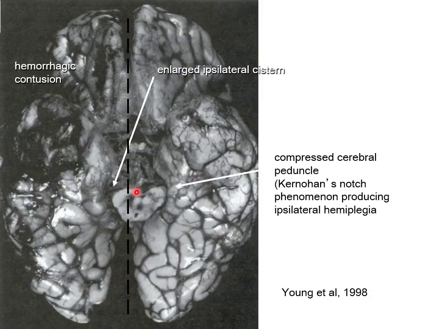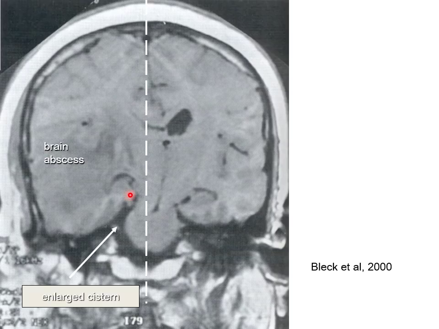And of course, the third nerve is coming out right between the peduncles. We can also see in this brain abscess a setting in which there's expansion of this hemisphere, pushing all of the midline contents across the midline, but particularly distorting the brainstem at the level of the midbrain pontine region. So you have an enlarged cistern.